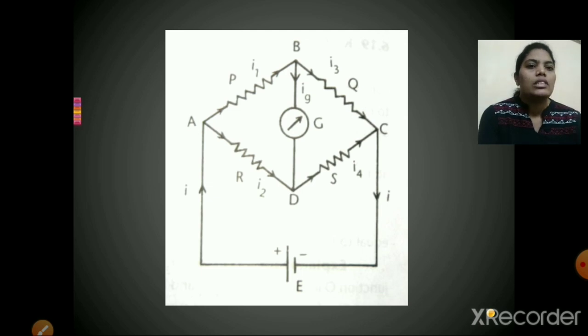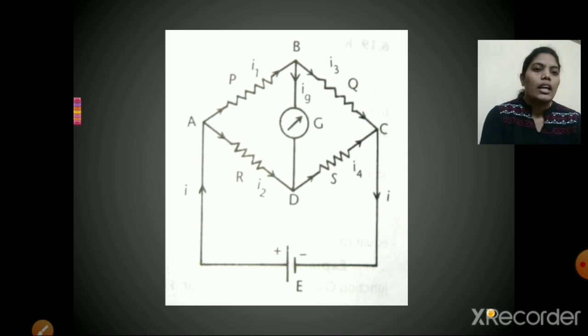Now when I1 reaches junction B, again there are two paths for it. So I1 is divided into I3 and IG. IG passes through the galvanometer and reaches D, and I2, which passes through the resistor R, also reaches D. These two form the fourth current I4.